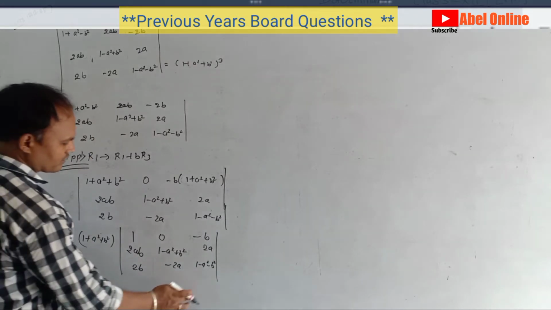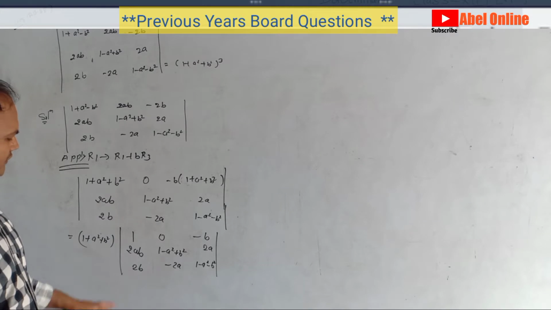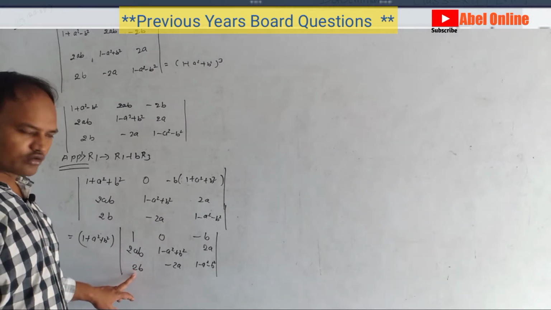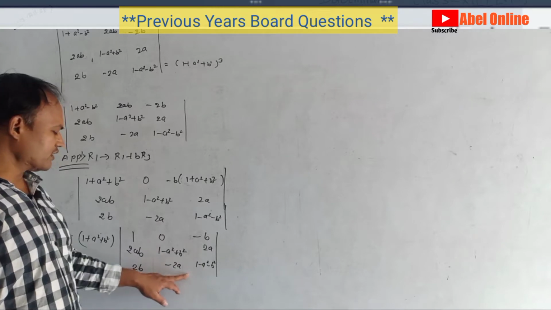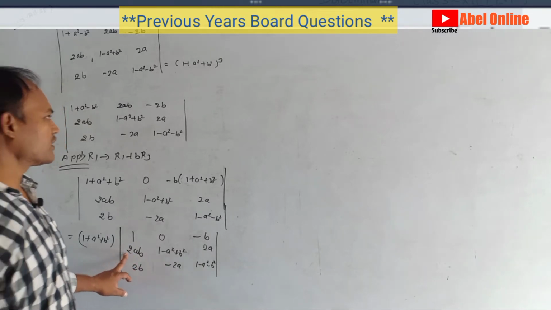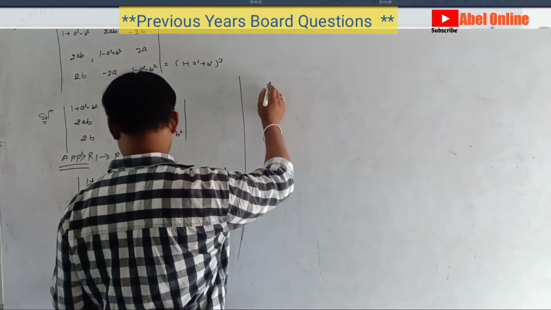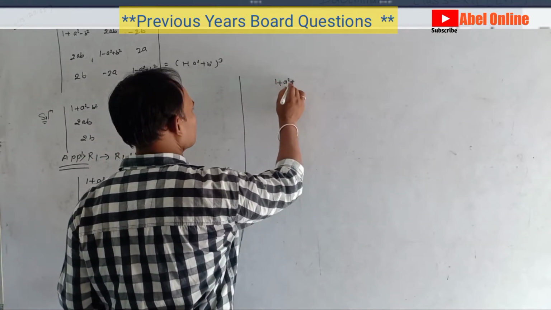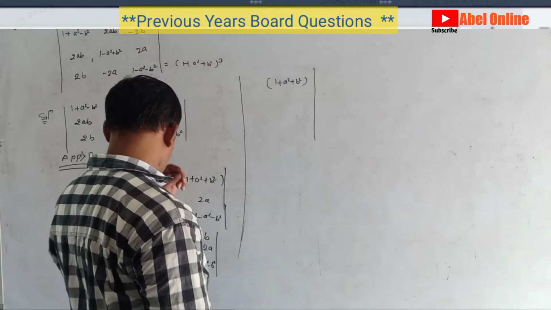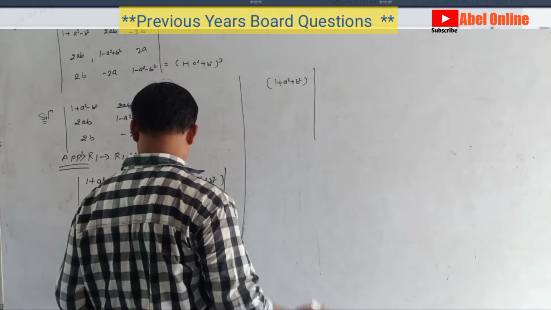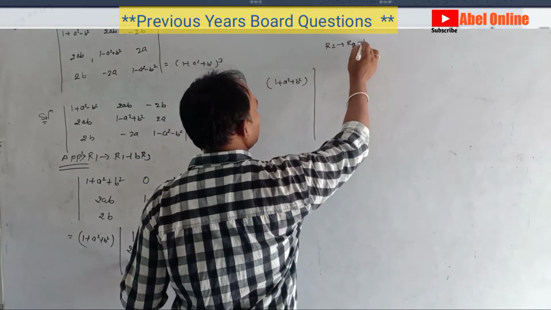Just think about what operation we have to apply now. If there is a 2ab and there is a 2b, why not multiply by a and add them? So I am going to operate on R2. Firstly, I take 1 plus a square plus b square common, and then apply R2 tends to R2 minus R3.